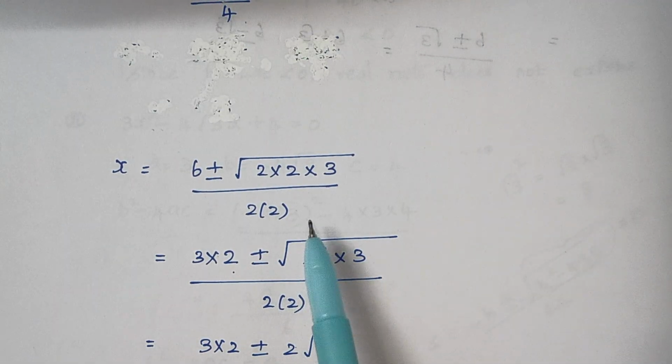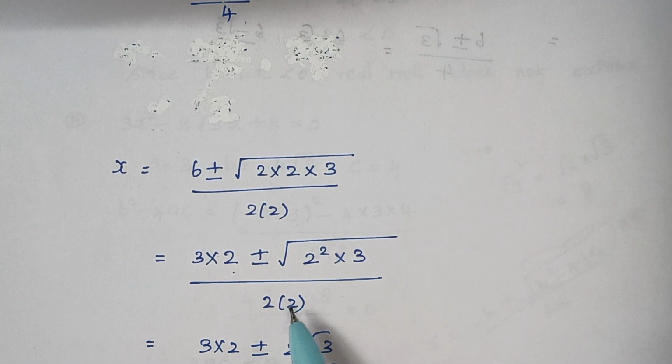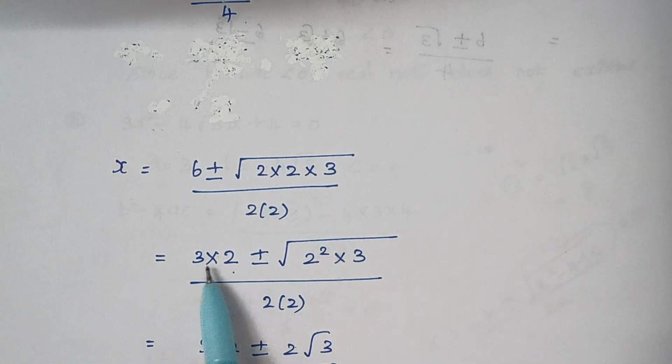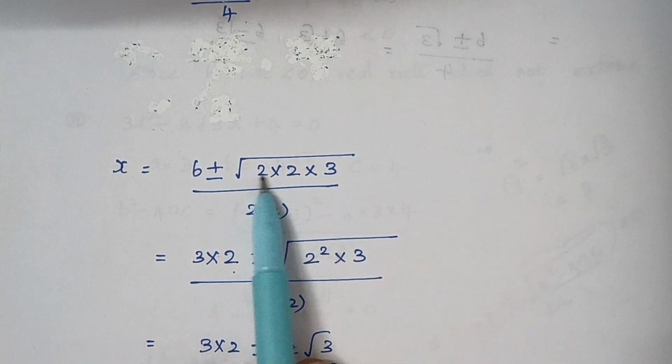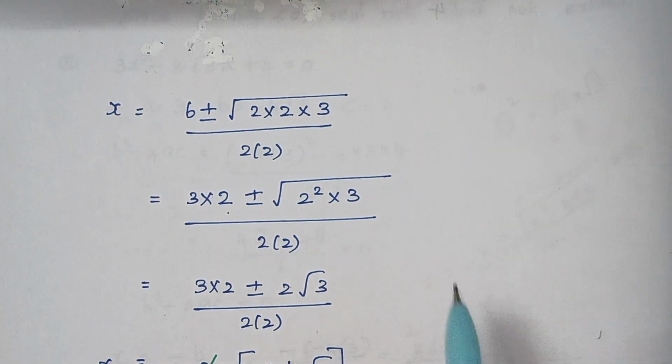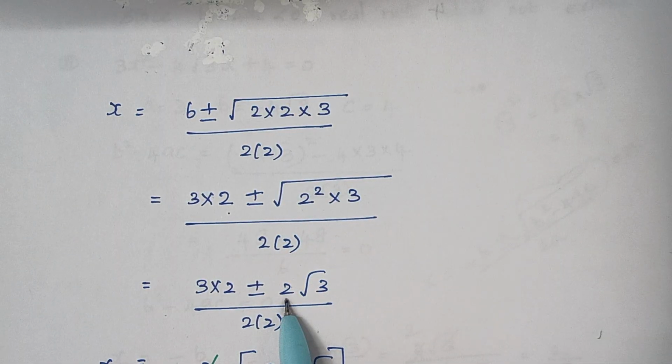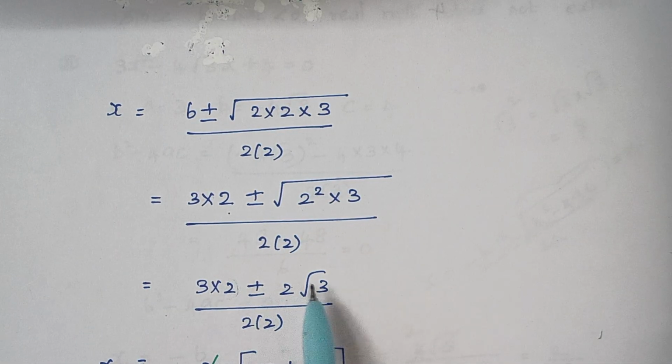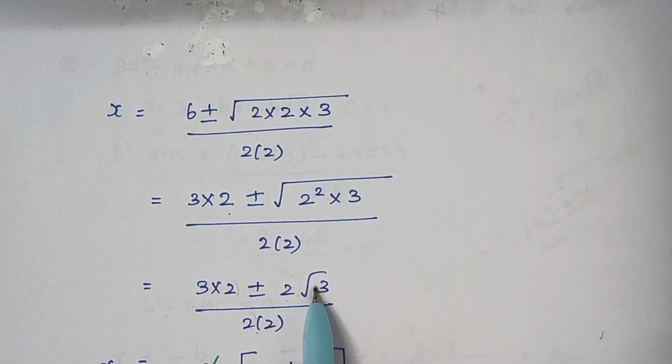So again I am splitting each and every term in order to get a simplified answer. So 6 can be written as 3 into 2, and here this 2 into 2 can be written as 2 square into 3, divided by 2 into 2. So square root of 2 square is simply 2. And here I have a 2, here also I have 2, and here also I have 2. So in the numerator, I am taking the 2 commonly outside.